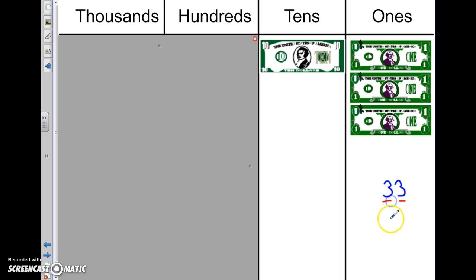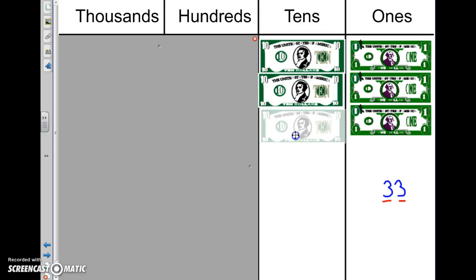But this is in the tens place, which means I'm going to need 3 $10 bills. So 3 tens is equal to what? 3 times 10 would be 30. And then 3 ones, 3 times 1 is 3, right? So now we have our 33. So that works.